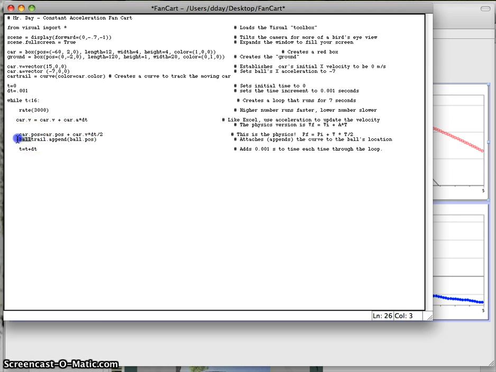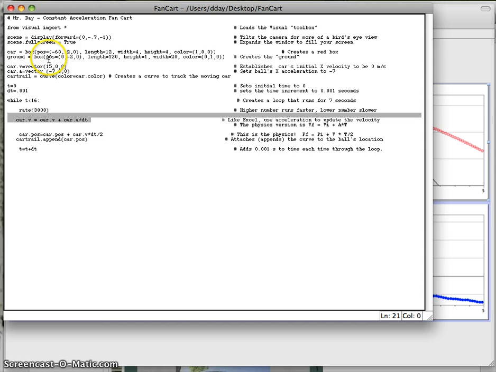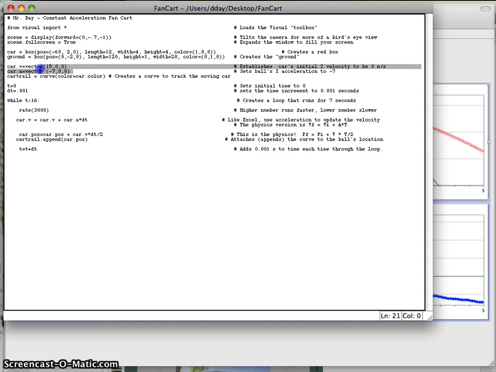Okay, and then here I need to have car.trail, and then here it's car.position. Okay, so the two physics equations here, that's really all the physics right there. And I need to change my initial velocity and my initial acceleration, and let's see if it's close.